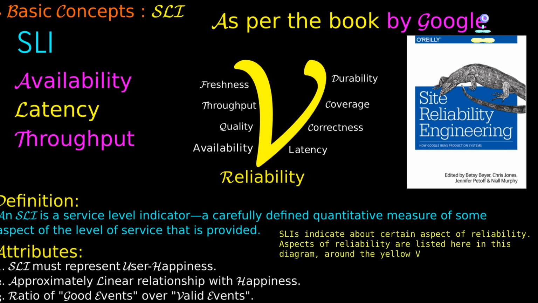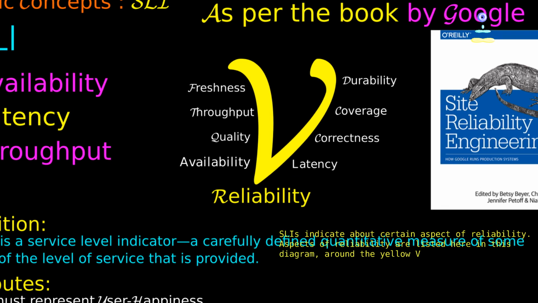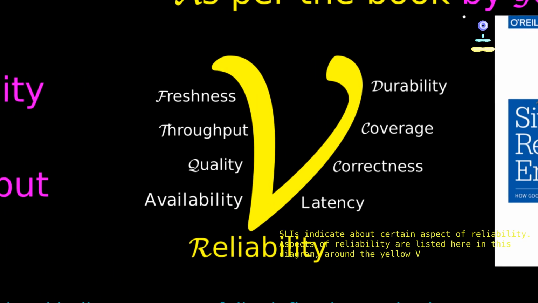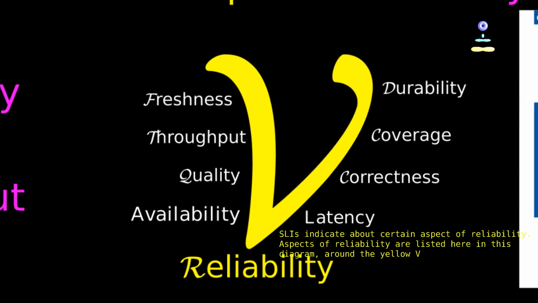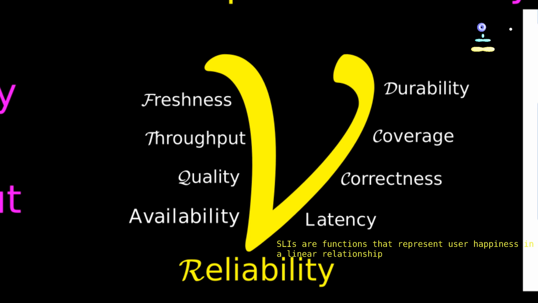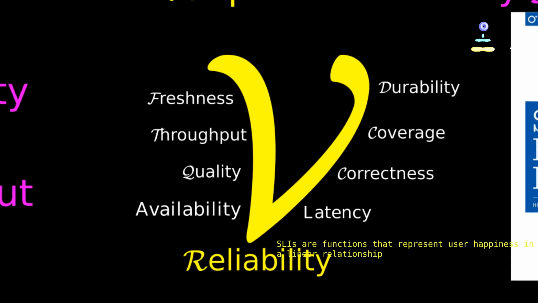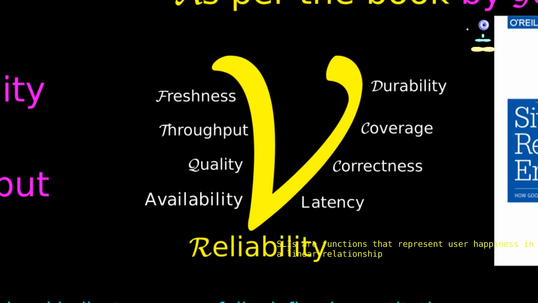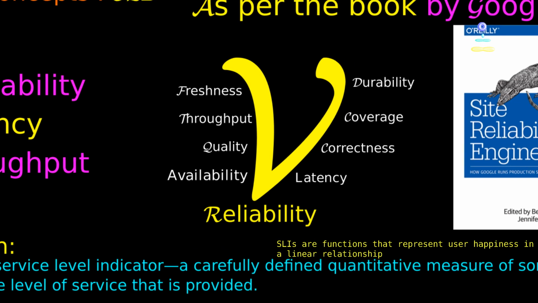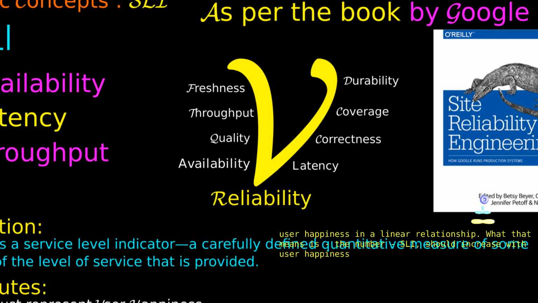SLIs indicate about certain aspect of reliability. Aspects of reliability are listed here in this diagram around the yellow V. SLIs are functions that represent user happiness in a linear relationship.